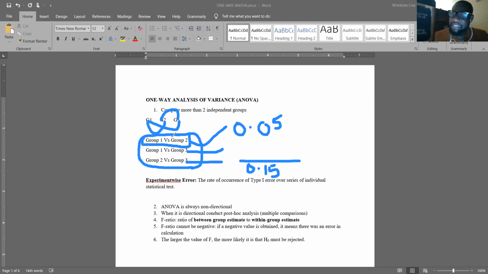But when you use one-way ANOVA, ANOVA will merge all of these comparisons together and run it at once. So it means using ANOVA to run it at once, you are setting your error to be only 0.05.